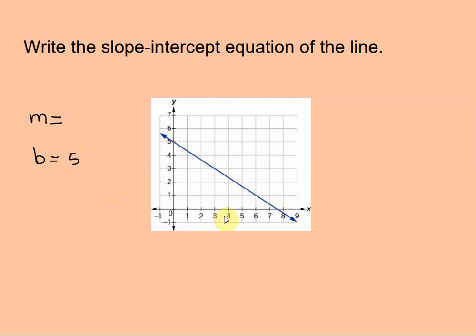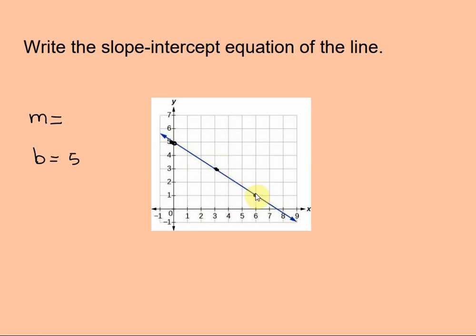All right, my slope, I need to look to see where my line is crossing the little crisscrosses of the graph. So it looks like it's crossing right here. If I look, maybe right here. And of course we know it's crossing right here at the y-intercept. So I just need to go from one of these lines to the other, and I'm going to rise over run. So I'm going to travel from this point to this point.